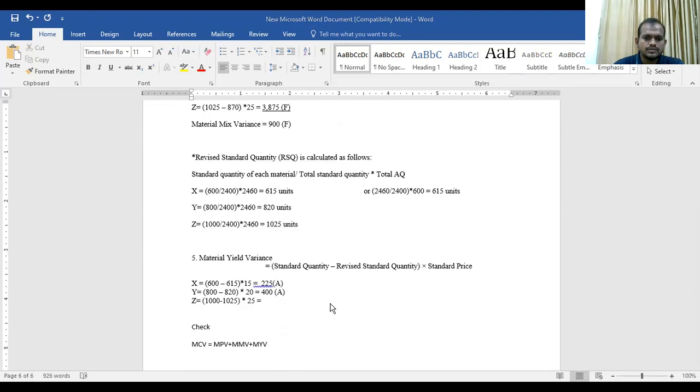So it comes to around 625 adverse variance. So all are adverse variance because the revised standard quantity is more than the standard quantity. So total 1250 adverse variance.